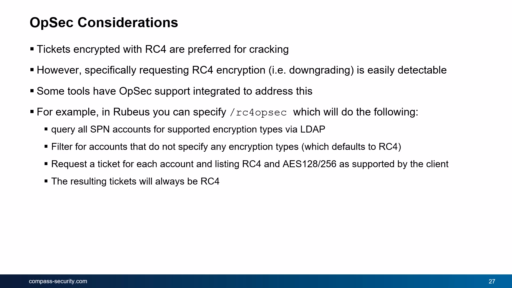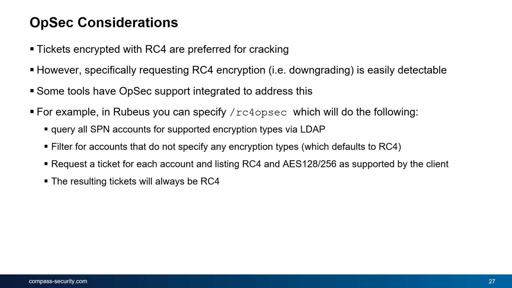For one example, if we look at how Rubeus does this, you can specify the RC4 OpSec flag, and this will have the following impact: Rubeus will first query all SPNs in the domain and check the supported encryption types for the accounts, and it will look at all accounts that do not specify any encryption type, so where the attribute is either empty or set to 0, and as we've learned before, this then defaults to RC4 as an encryption.